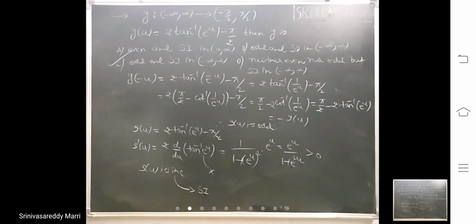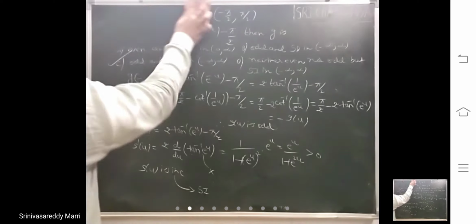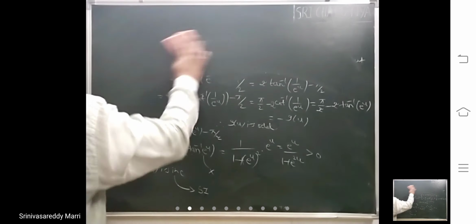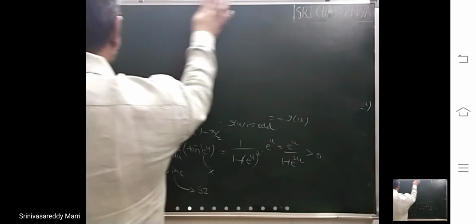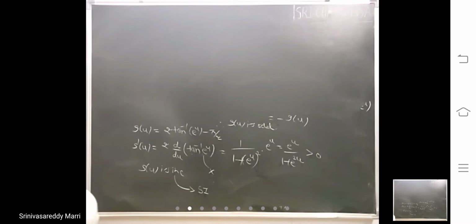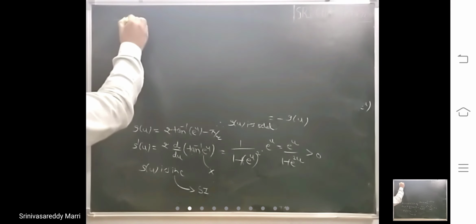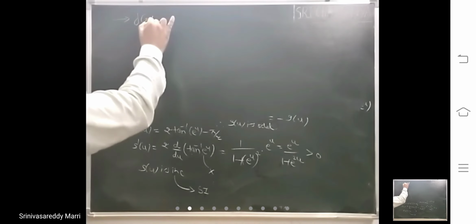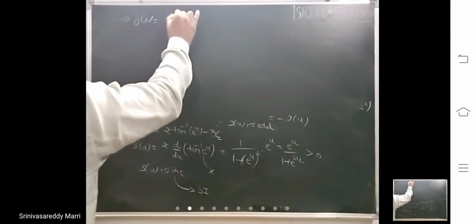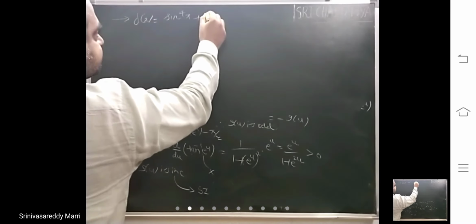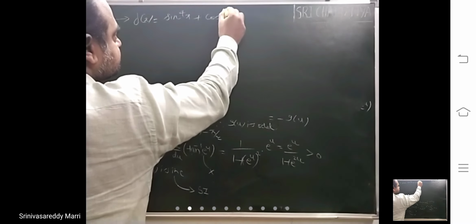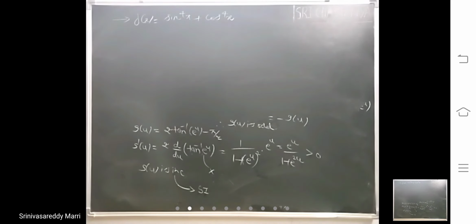Next problem. F of x equals sin power 4x plus cos power 4x.